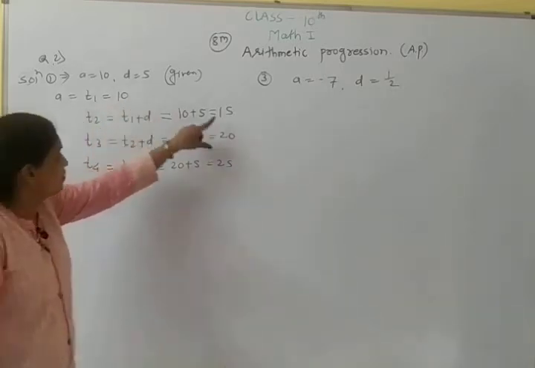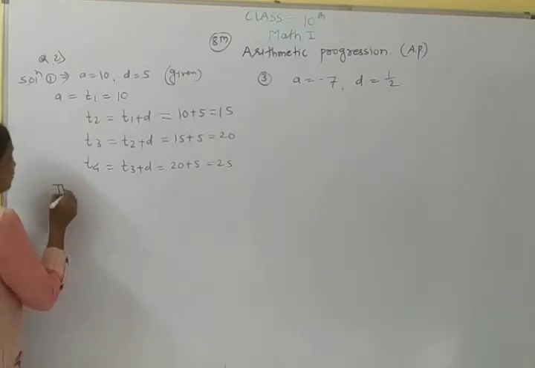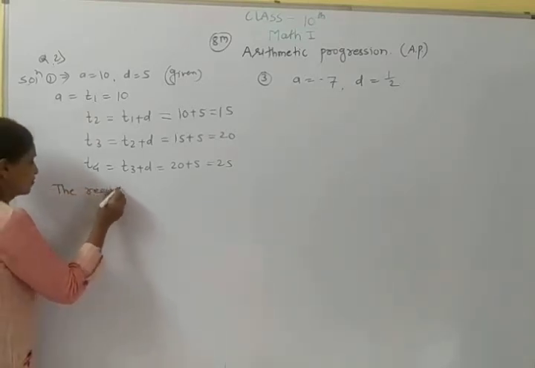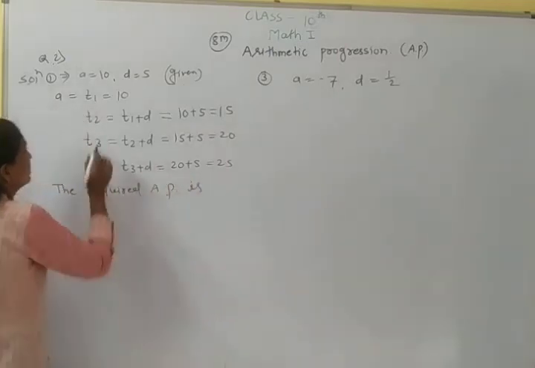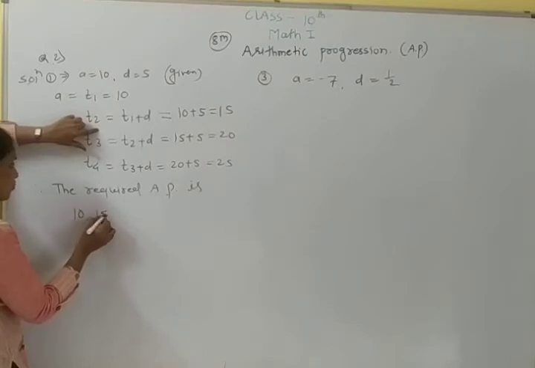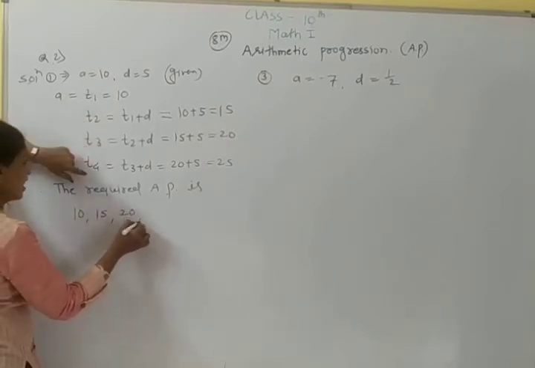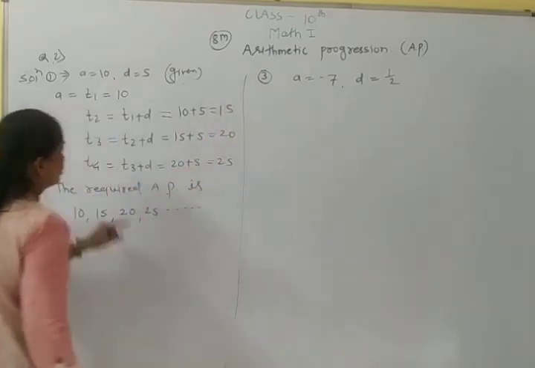Here 10, 15, 20, 25. Therefore the required AP is: first term is 10, means T1, T2, T3 and T4 and so on. So this is our solution.